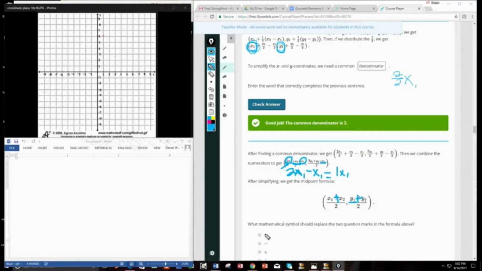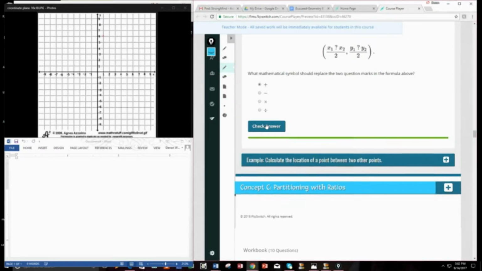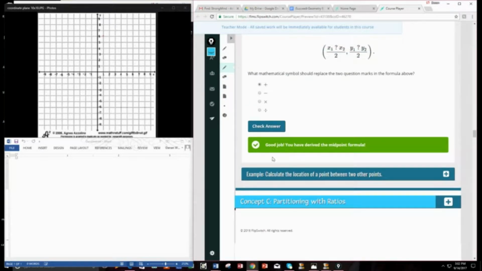So the mathematical symbol should be an addition sign. It's right there in the formula. It didn't change. Alright, we have derived the midpoint formula now. Okay, calculate the location of a point between two other points.